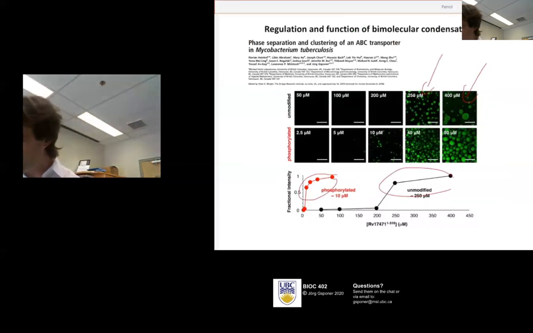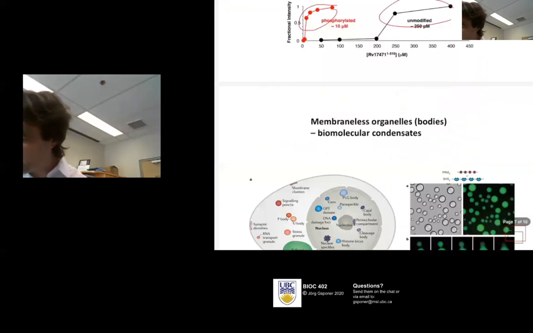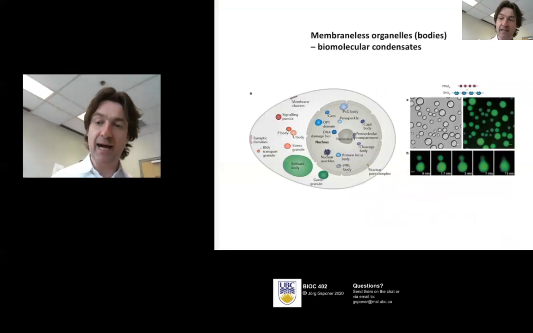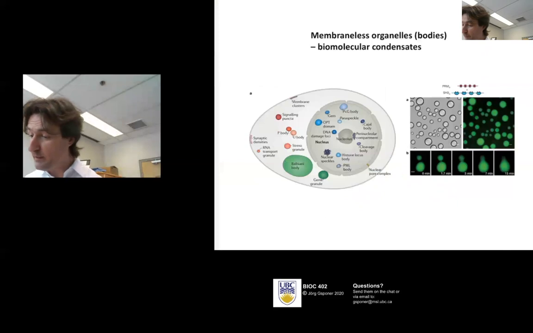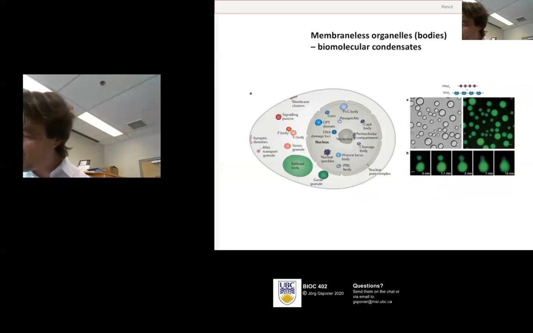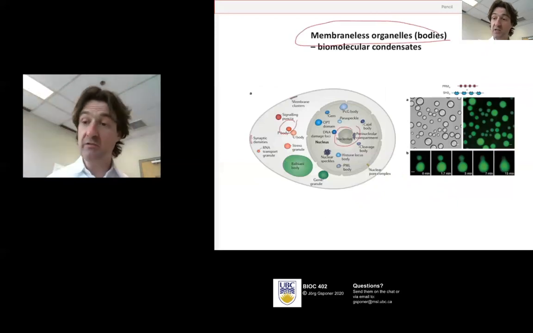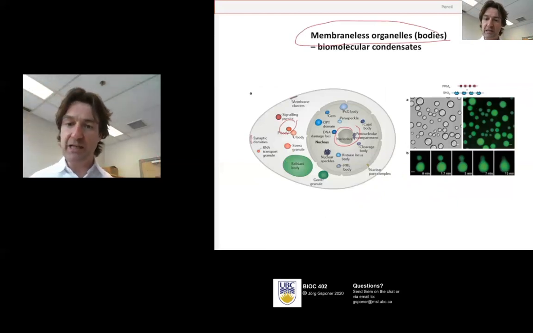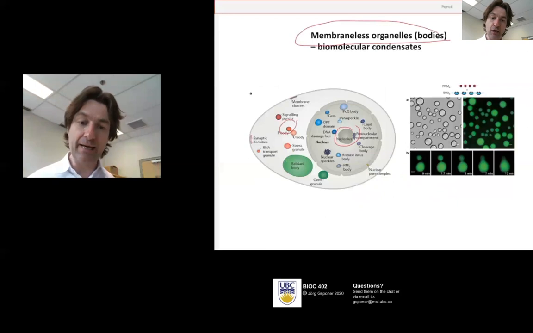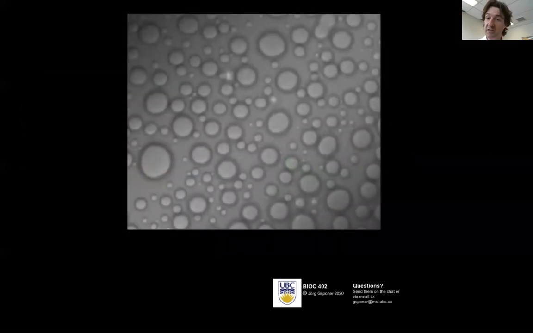So what are these condensates? Some of you might have heard of this. It has had quite a big impact in the last 10 years: protein phase separation. It has been shown that a variety of membraneless organelles in cells like P-bodies, but most prominently the nucleolus, are the result of protein phase separation, where proteins that are normally initially homogeneously distributed in solution coalesce and form these liquid-like droplets, as shown here in this video.